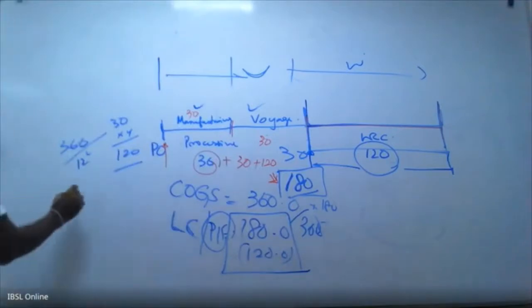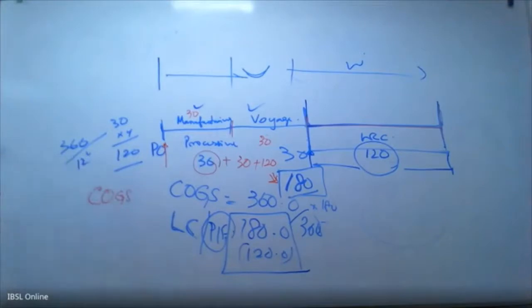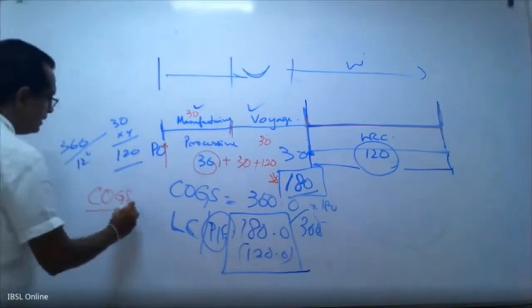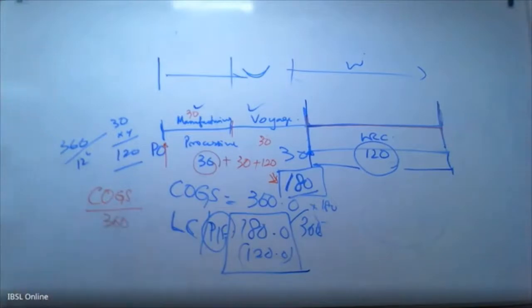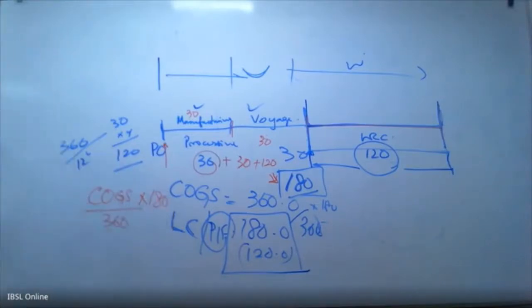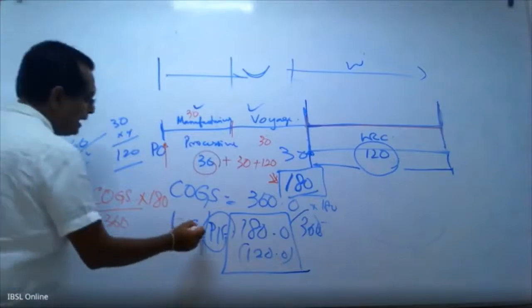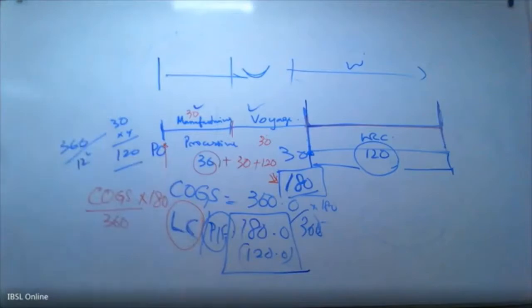Then we will get cost of goods sold, right? Divided by, normally we use 360 or you can use 365, into 180. Right? It will give you the amount of facilities we need to give to open LCs.